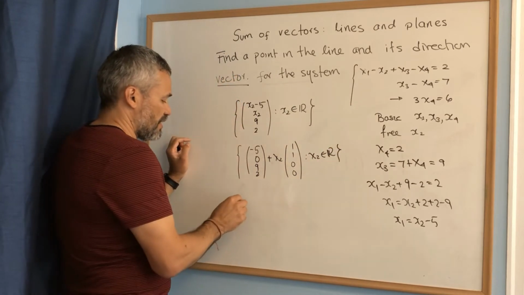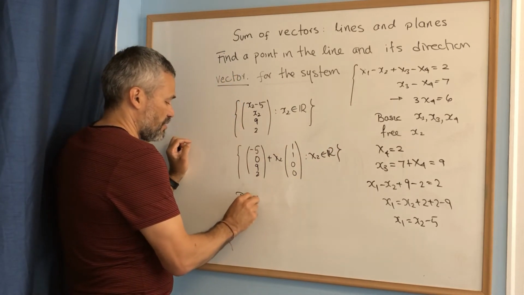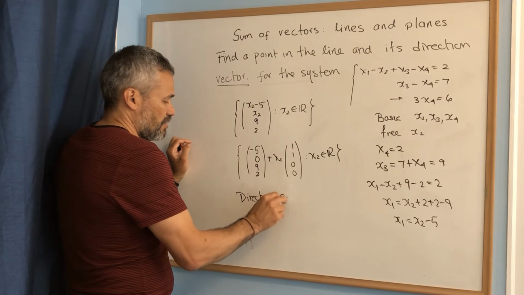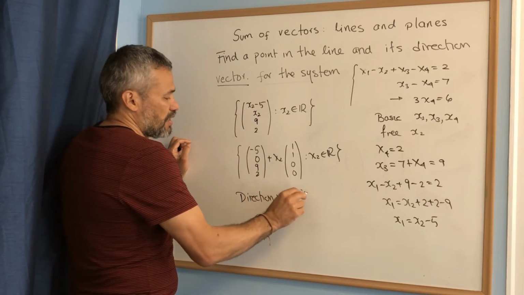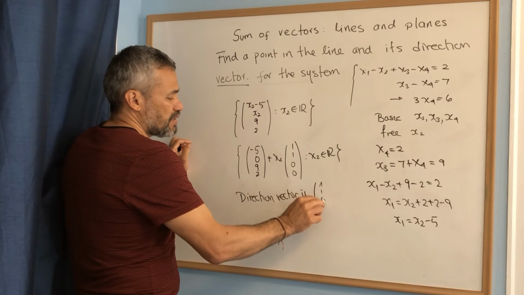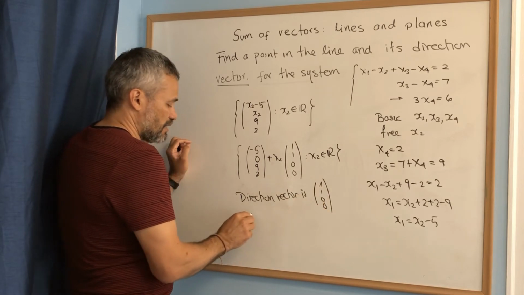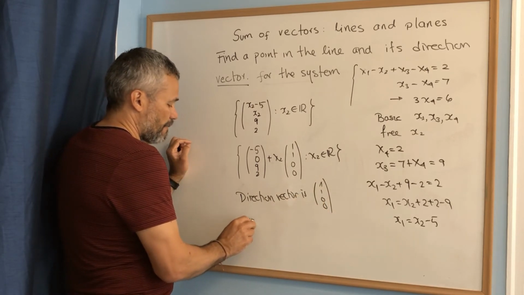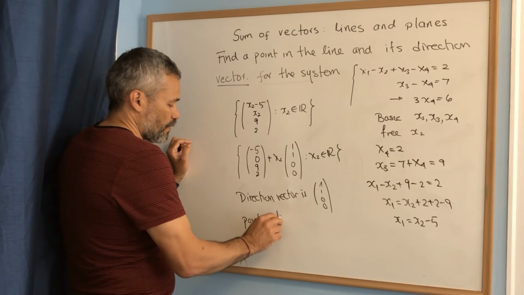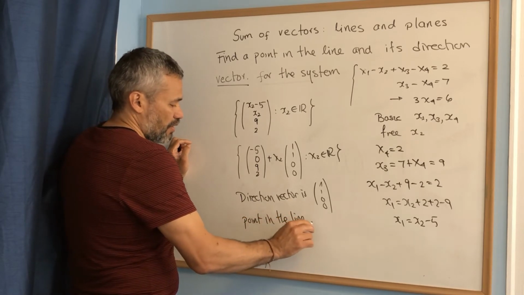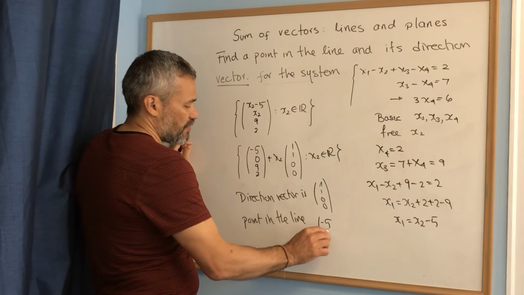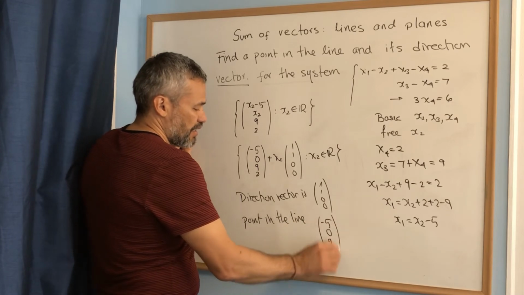Then we have here that the direction vector is 1, 1, 0, 0, and a point in the line is -5, 0, 9, 2.